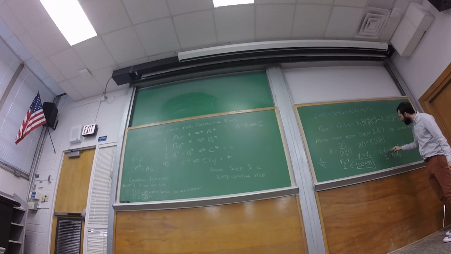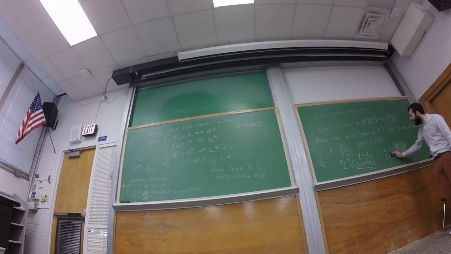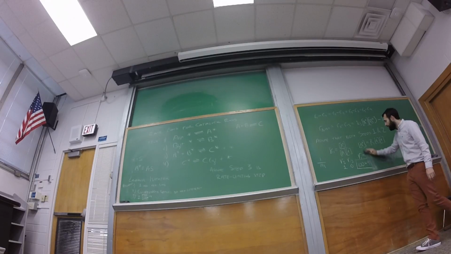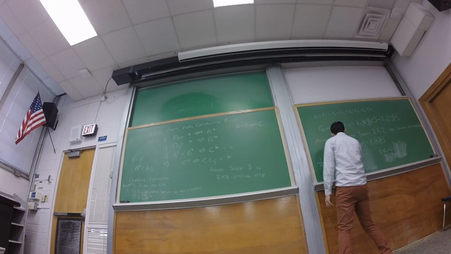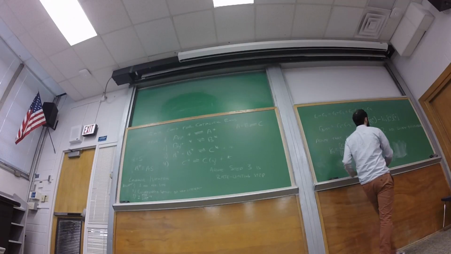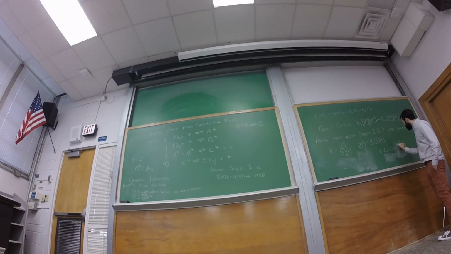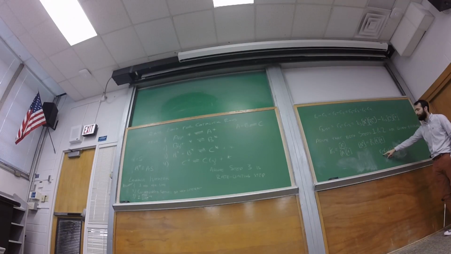Okay, so even though we do set this equal to 0, and that's how we solve for the equilibrium constant, that's another way to solve for the equilibrium constant, so we'll do that real quick. So you get k1 is the forward rate, right, times A times star, minus k negative 1 times A star.